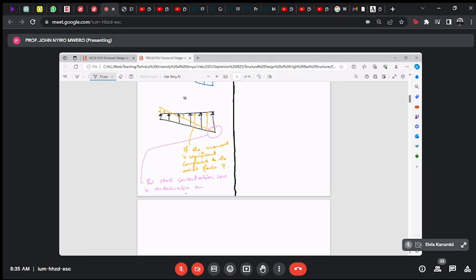And many times it could cause problems, both at the design stage and in the service life of the structure.